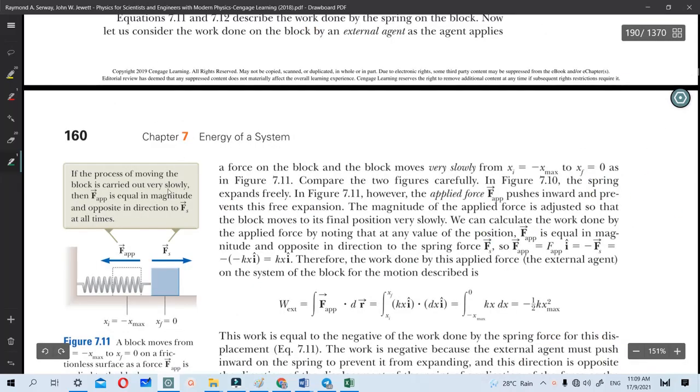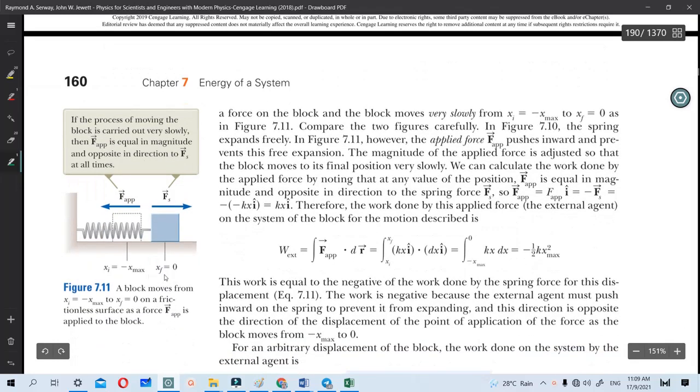Alright, let's now reverse a little bit, page 160. This is trying to understand what will happen to the F, if let's say the question is asking for the external force, right? Now, this is what happens when you apply a force, for example to the left, and due to that, you have the spring force acting in the opposite direction.